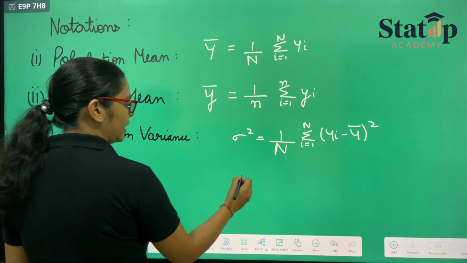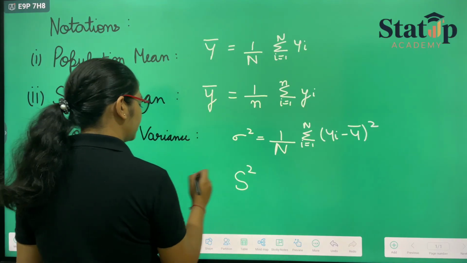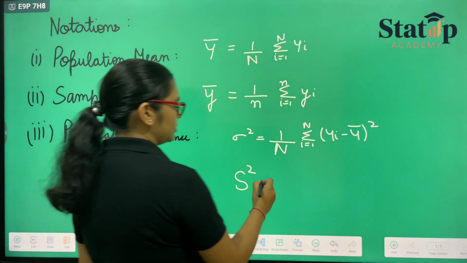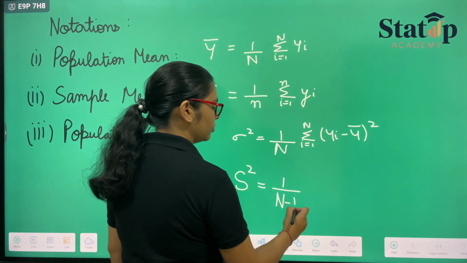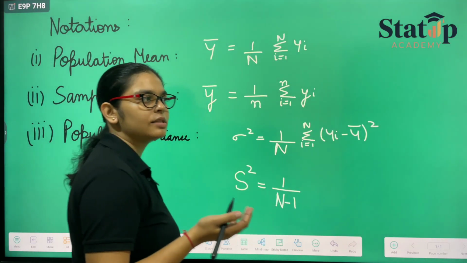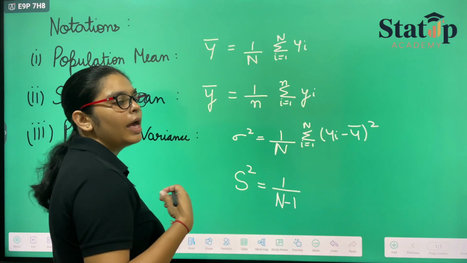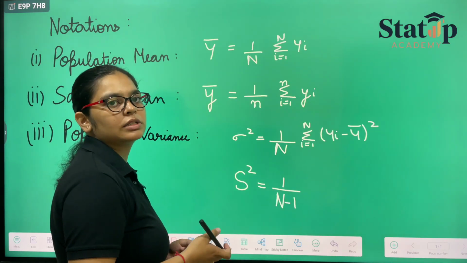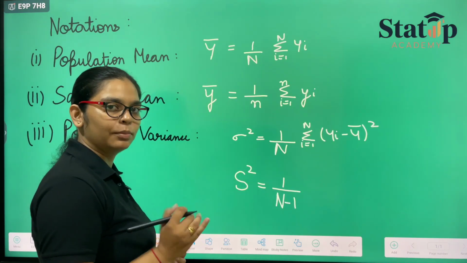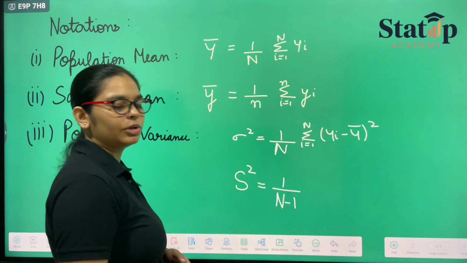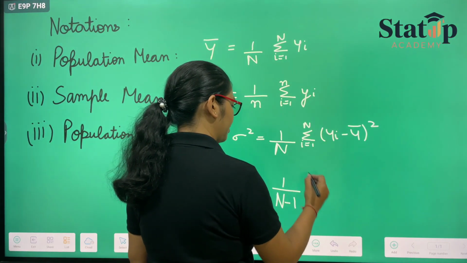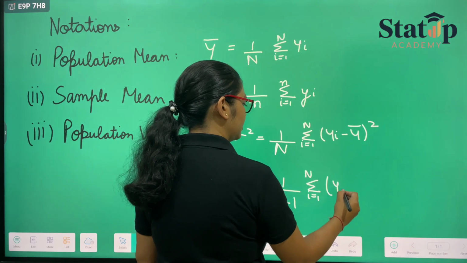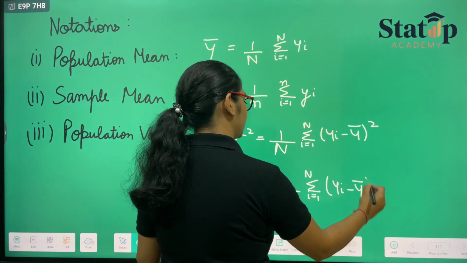Or simply we can write capital S square. There are two population variances. We will know which one we are talking about according to simple random sampling with replacement and simple random sampling without replacement. And we are deriving both simultaneously, so you know the difference and the similarity between them.